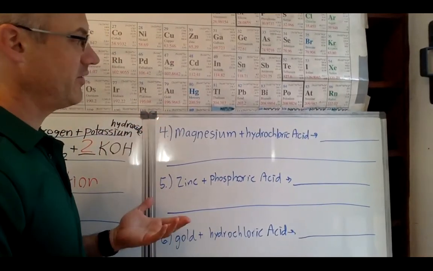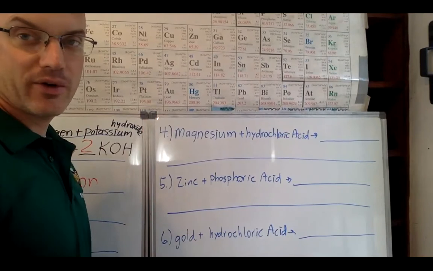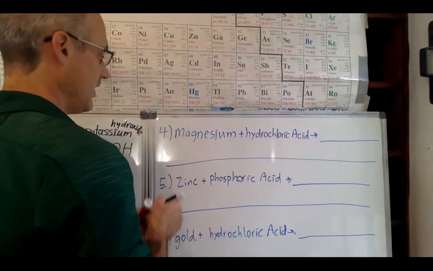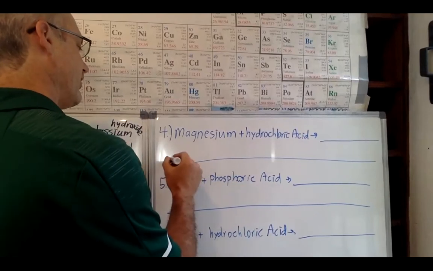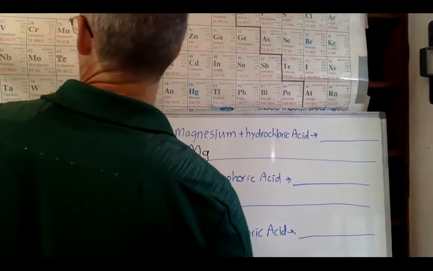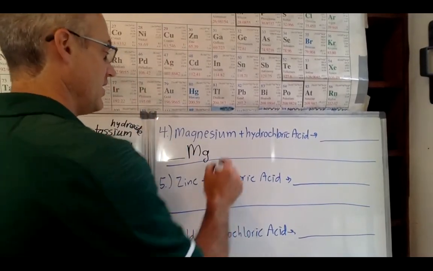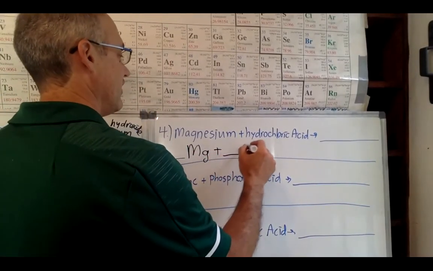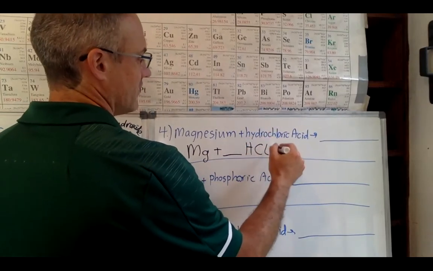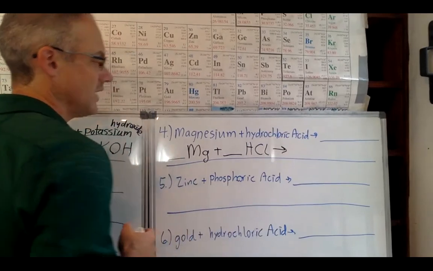Well, I like to write it out as a formula equation first. This is known as a word equation. And the formula equation is with the symbols. So magnesium, if we look on the periodic table, is Mg, and hydrochloric acid is HCl.